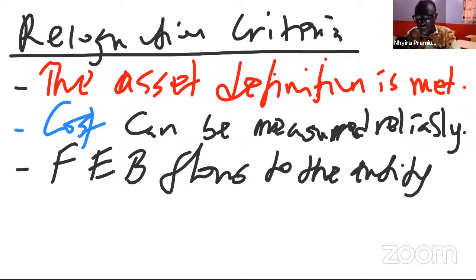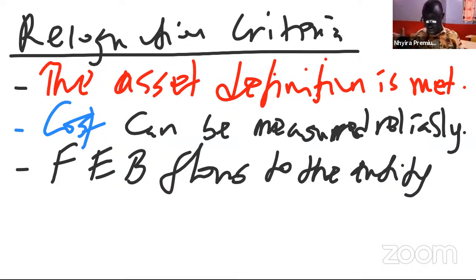So that is what we need to understand when we talk about IAS 16. Number one, we've met the definition. Very important. Number two, can the cost be measured reliably? Then number three, it is probable that the future economic benefits in the asset will flow to the entity.